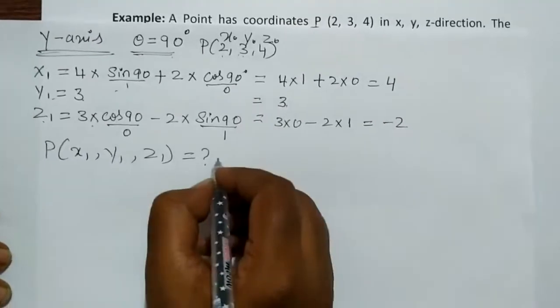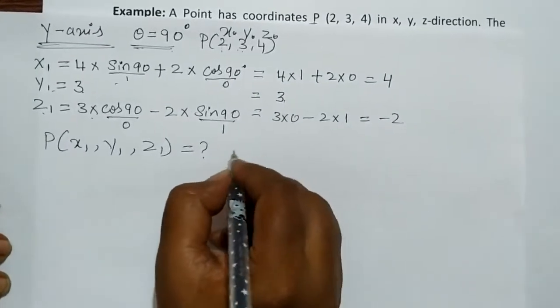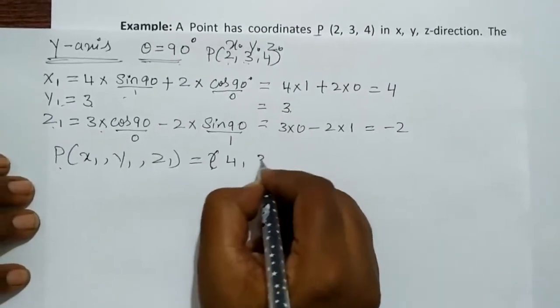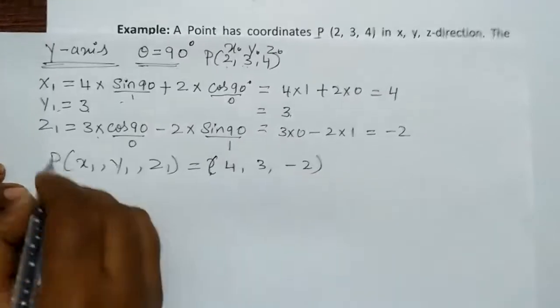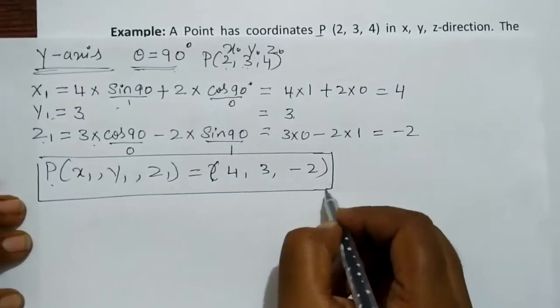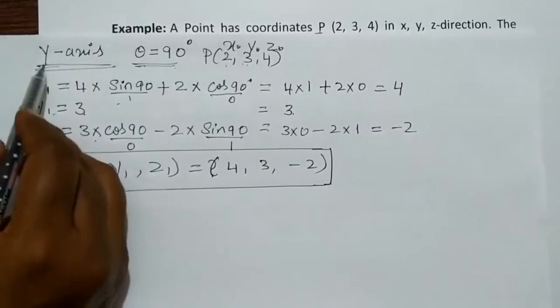So we got the new coordinate value of point P as 4, 3, minus 2. This is the value we got after rotating point P along the y-axis.